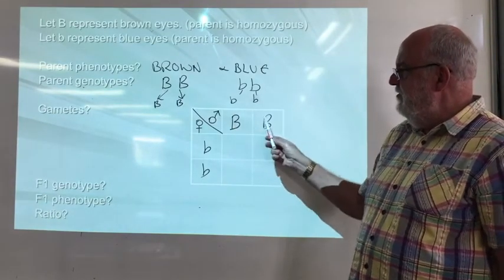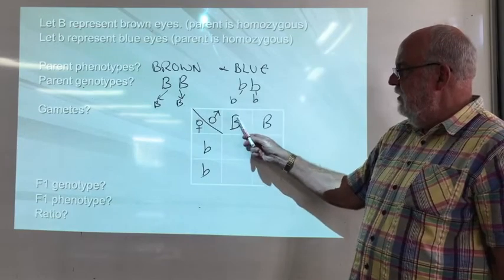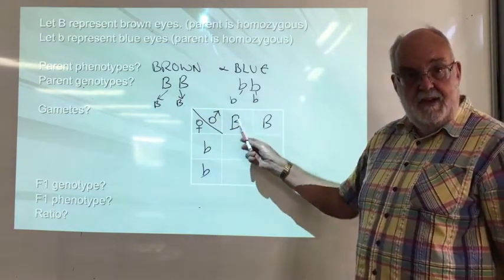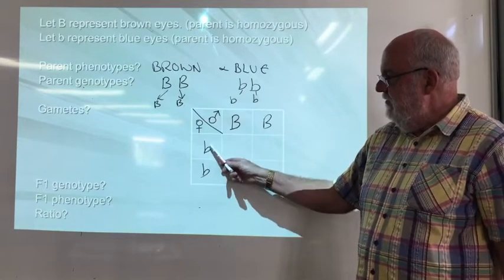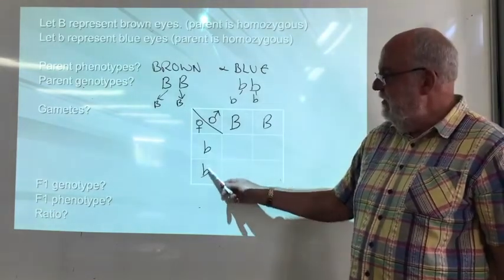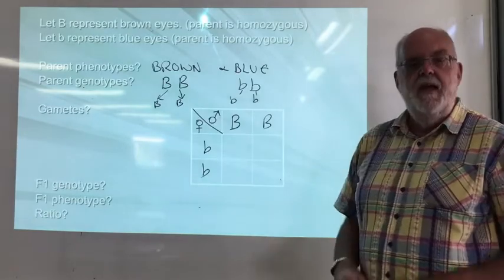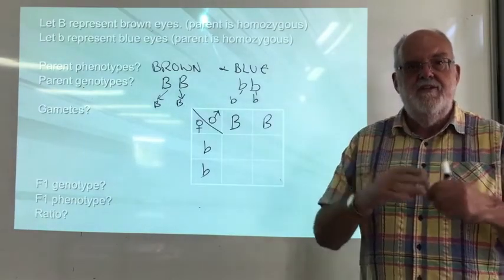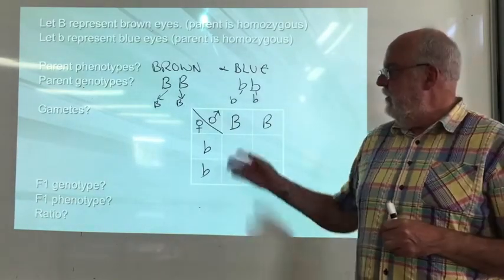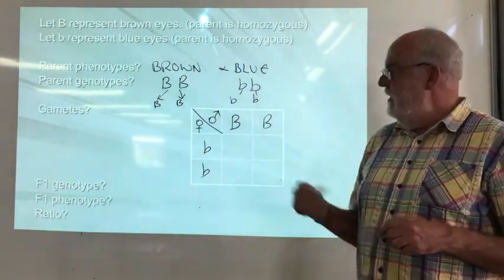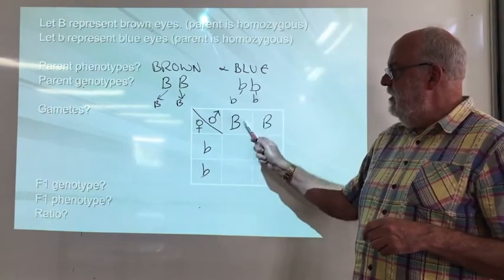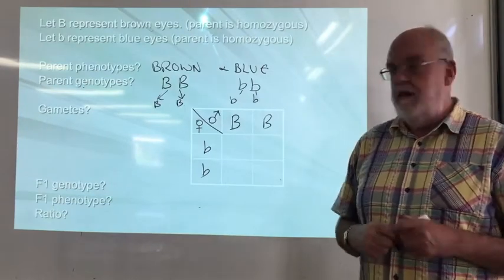The father has provided gametes, all which have got the capital B, the dominant allele, and the mother has provided alleles that have got the recessive gene, the recessive allele, small b. Now, fertilization happens. So we've got sperm fertilizing eggs. And every one is going to combine again to make the zygote.